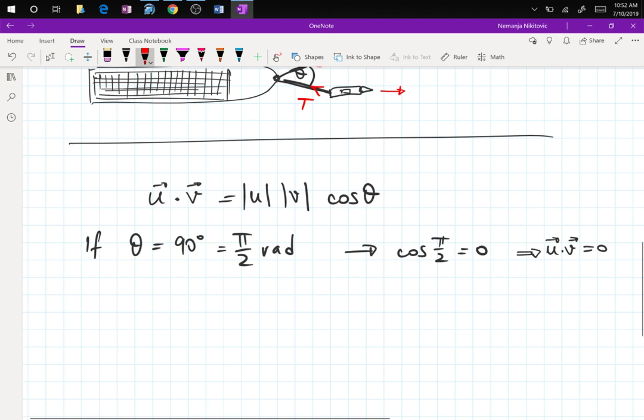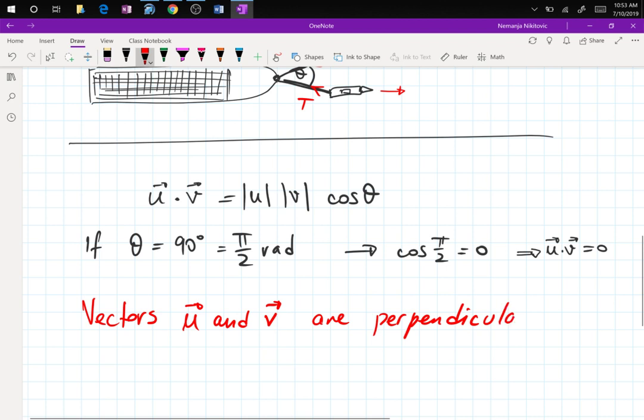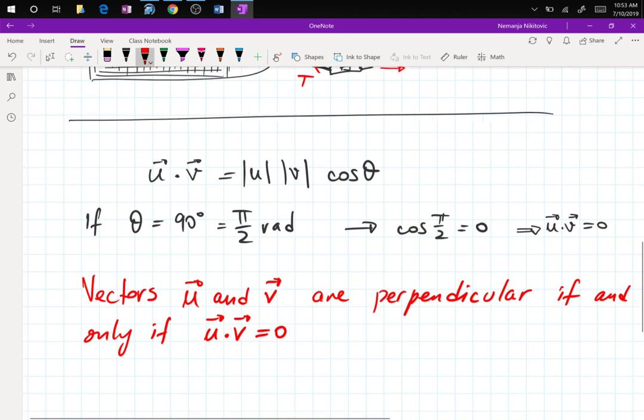So we say vectors u and v are perpendicular if and only if u dot v as a dot product is equal to 0.